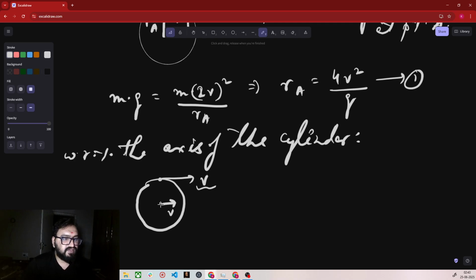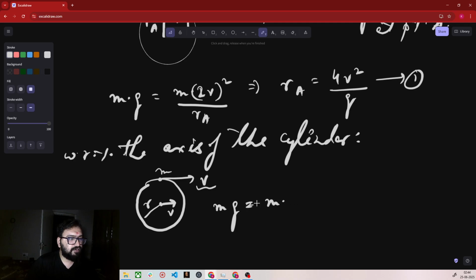So with respect to this point also, this particle of mass m is moving with a speed of v in this circular path. So with respect to this point, I can write down another equation, that is mg, which is the external force on this particle at point A. This is equal to the centripetal force on this particle at point A moving in a circular path of radius r, with respect to the axis of the cylinder.